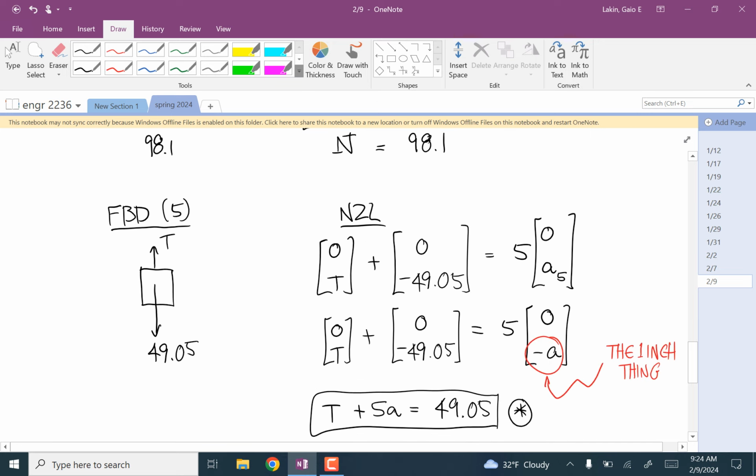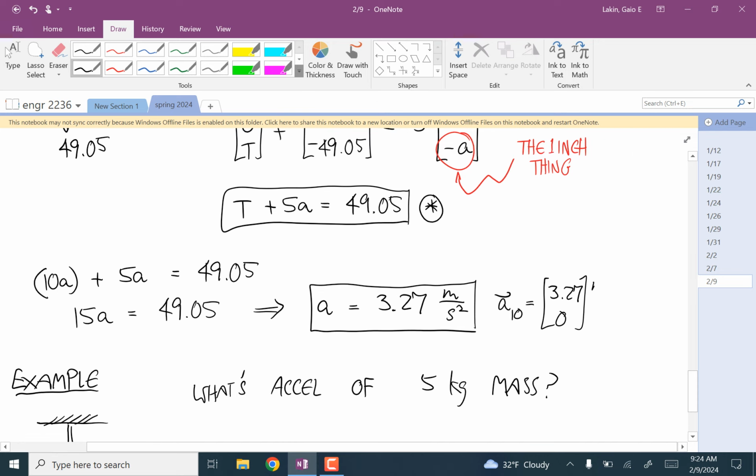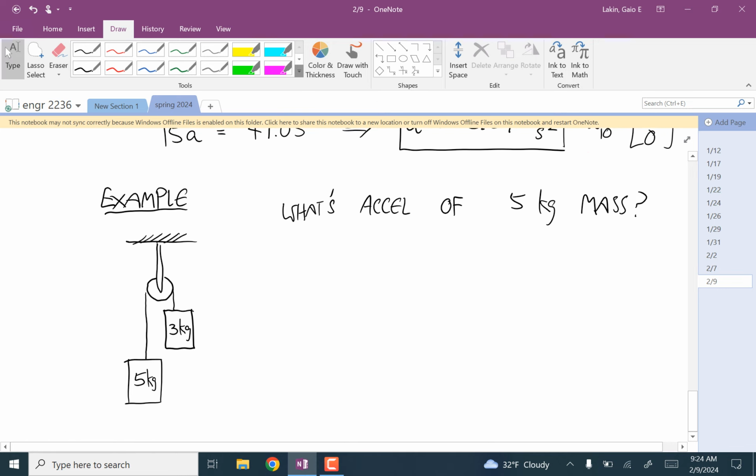And so plug it in and you get an acceleration vector for the tan of 3.27 in the 0 direction. Okay, what's the acceleration of the 5 kilogram mass?